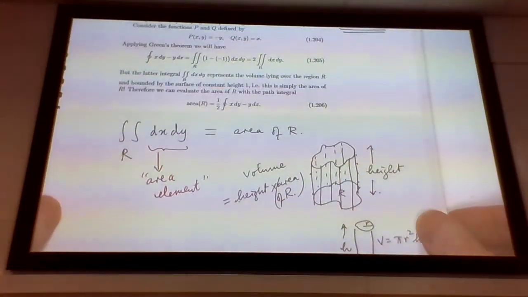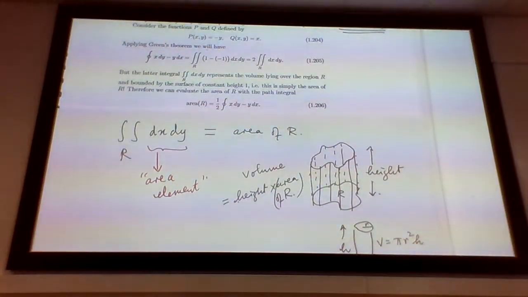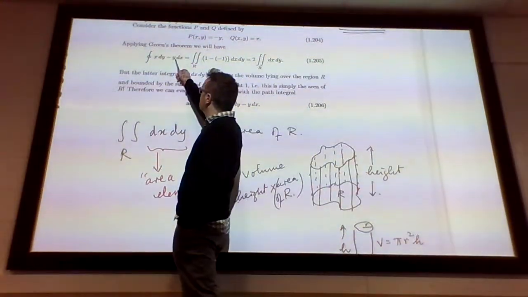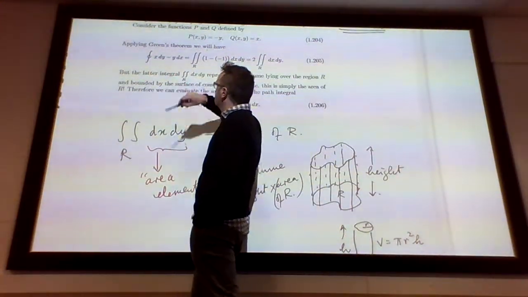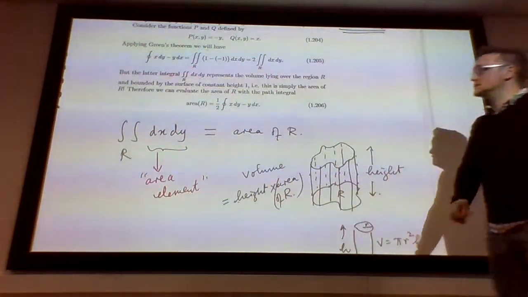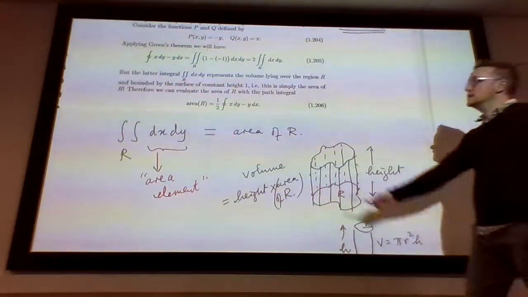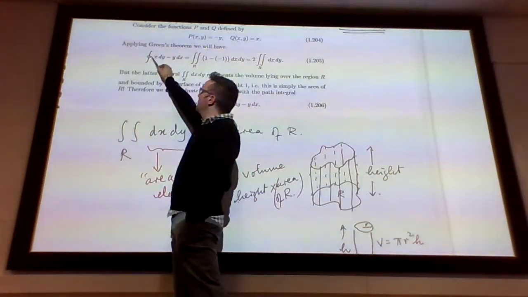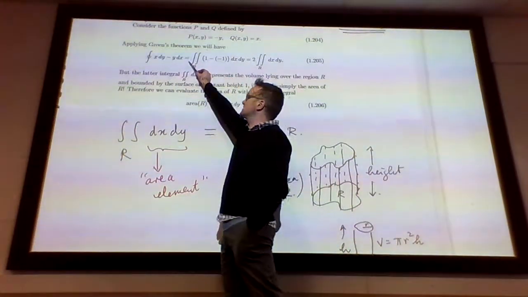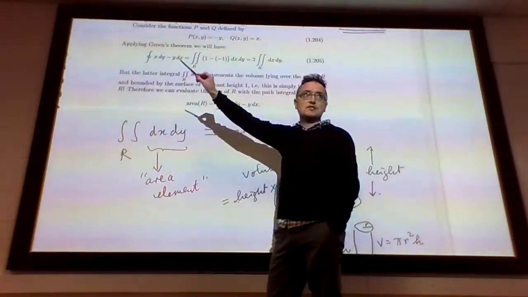This isn't the only one, and it's not the most simple one, but if we did integrate x dy minus y dx, our p is minus y, the function multiplying dx, and the q is just x, the function multiplying dy in the linear differential form, and we're integrating it around the boundary of the region R. Well, this equation here is the application of Green's theorem.